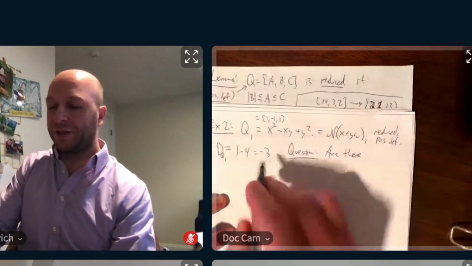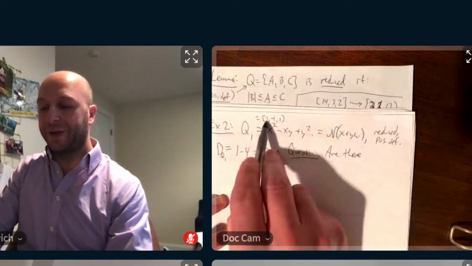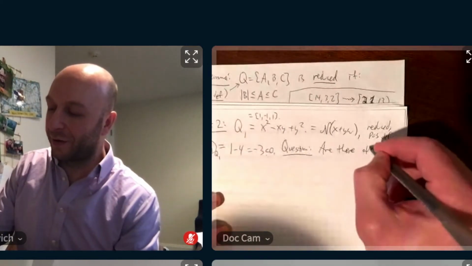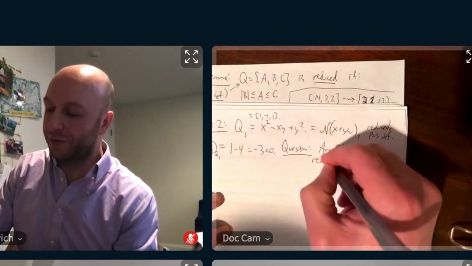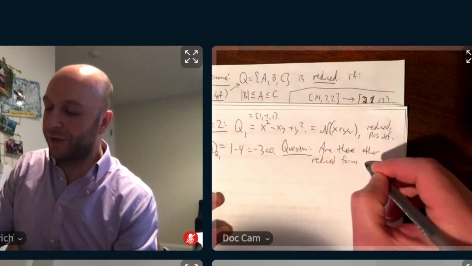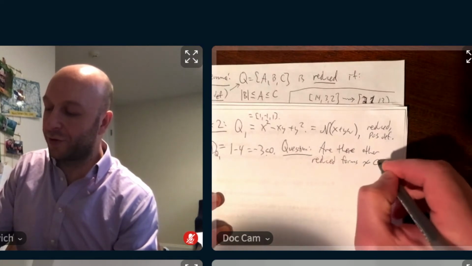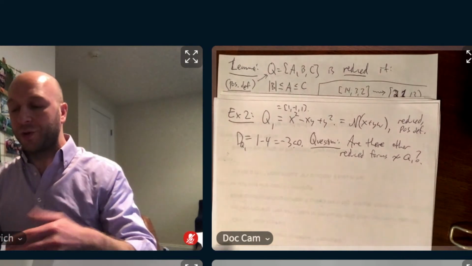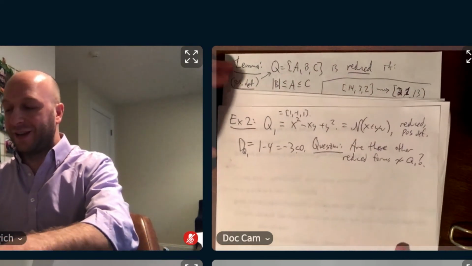It's definite because the discriminant is negative. It's positive because A is positive. Are there other reduced forms not equivalent to Q1? Are there other classes of forms? Remember, we took forms up to equivalence and that made a class of forms.